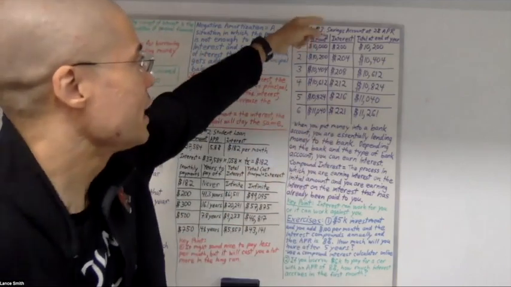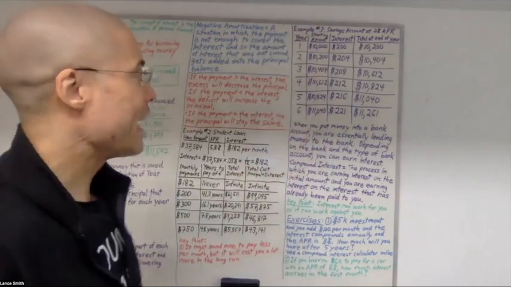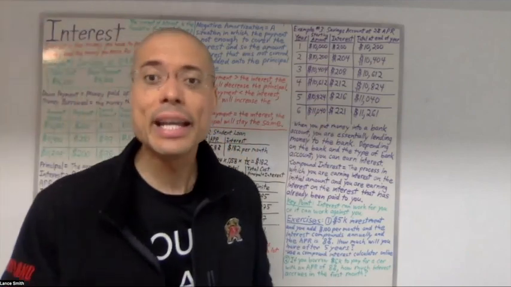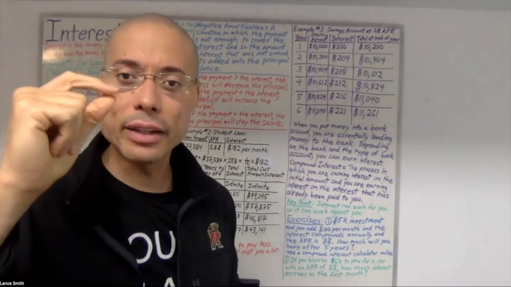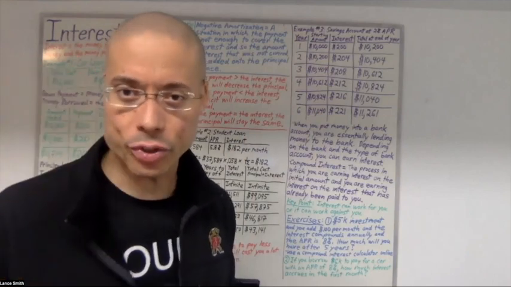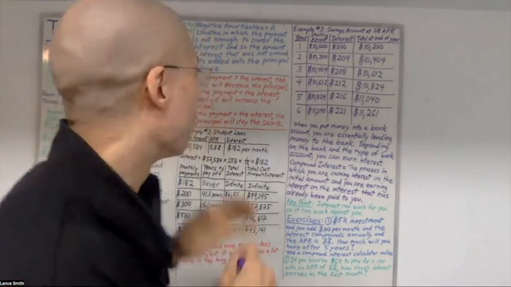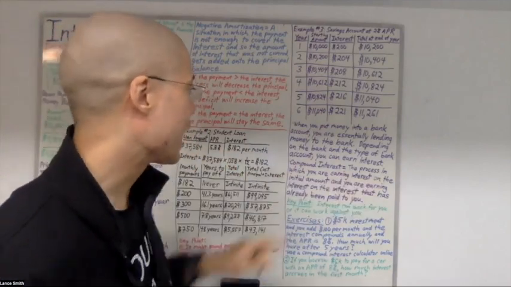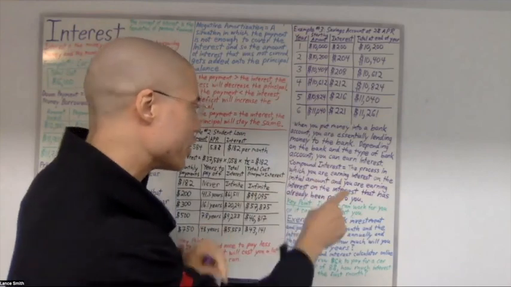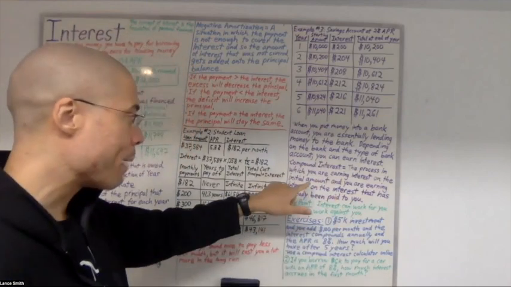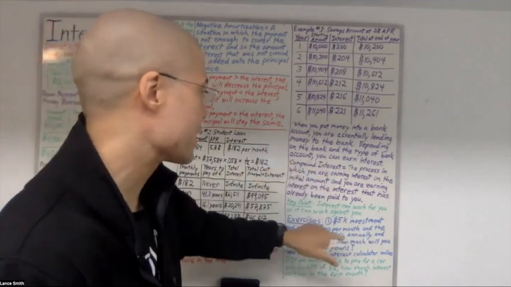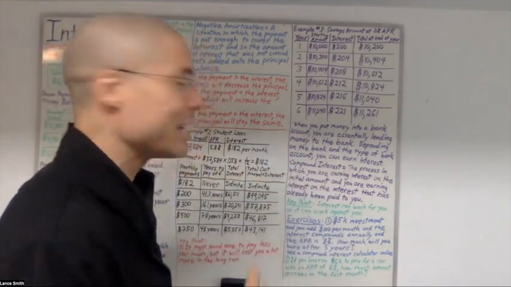So do you see how the interest is increasing? And the way that the interest is increasing is because of the concept of compound interest. What is compound interest? Compound interest is the process in which you are earning interest on the initial amount, and you are earning interest on the interest that has already been paid to you.